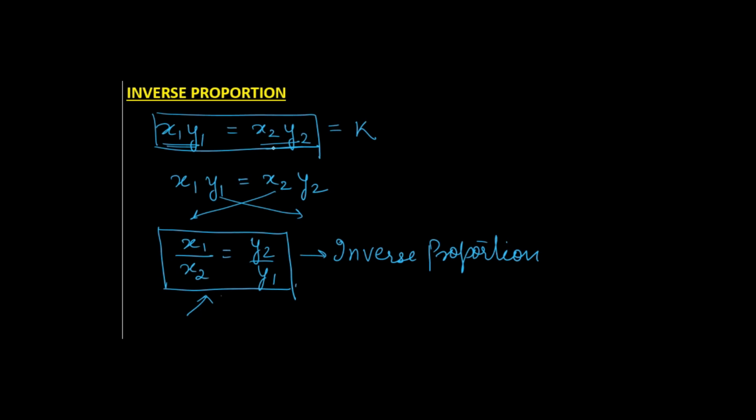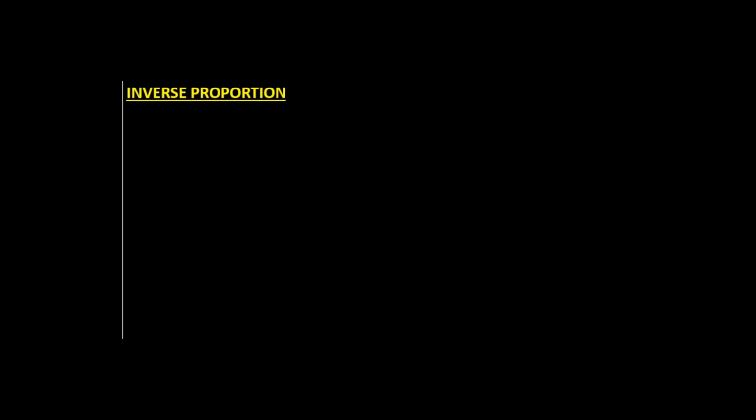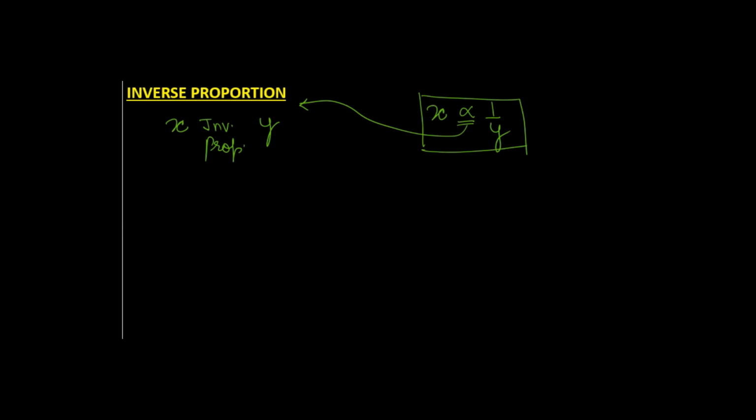Okay, and the inverse proportion is also represented as follows. If x and y are two quantities in inverse proportion, then we say that x is inversely proportional to 1 over y. This symbol represents proportion.